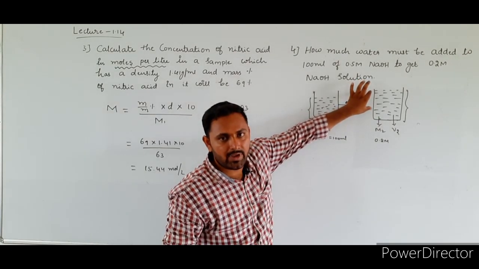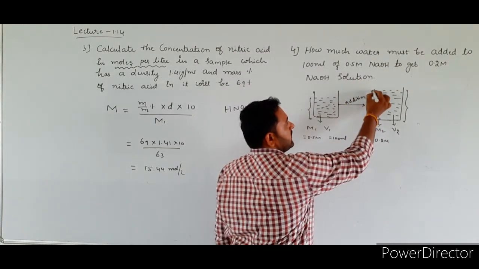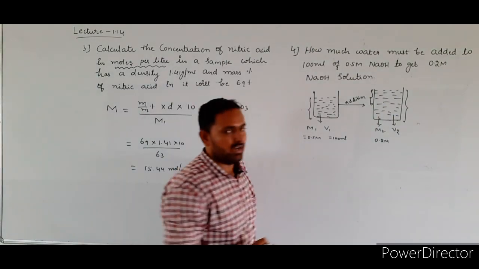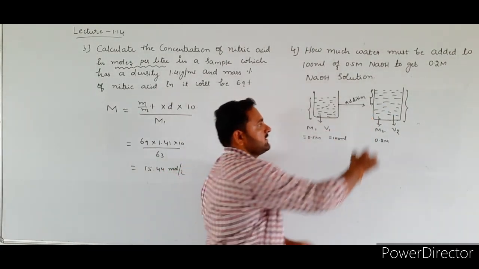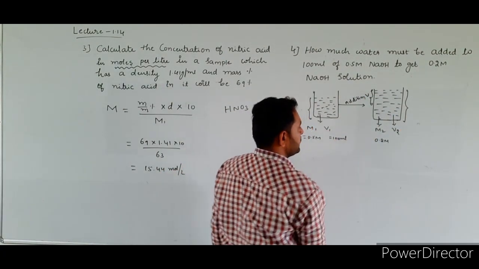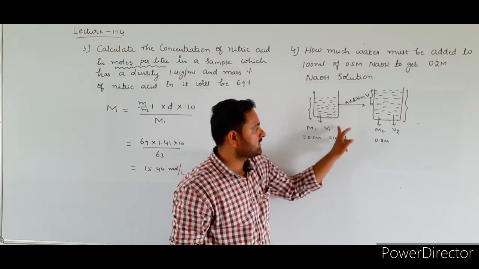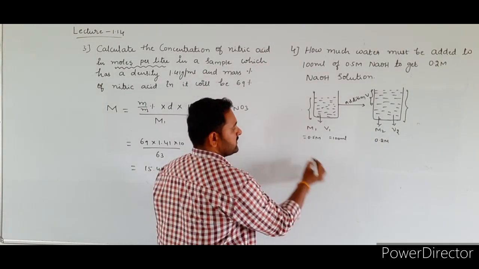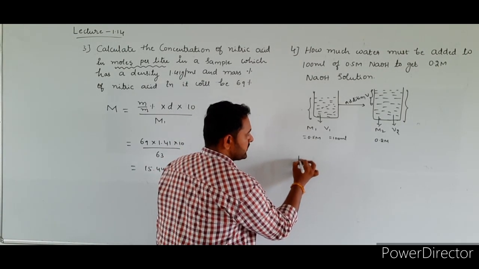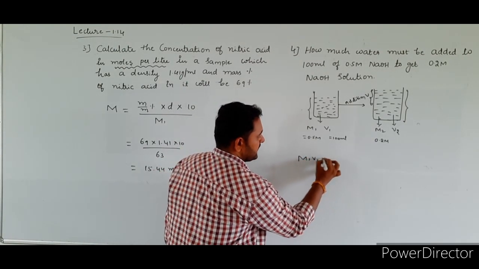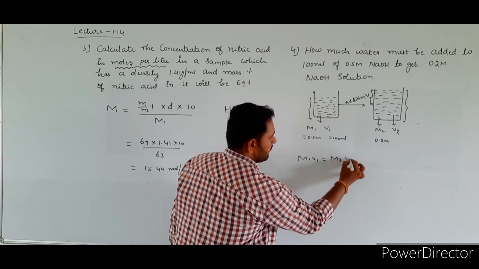How much water do we have to add? This is the volume of water added, V. To get V, we have to subtract V2 minus V1. What is the molarity relation in dilutions? M1 V1 is equal to M2 V2.